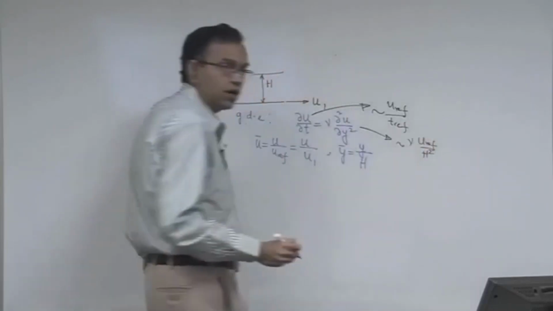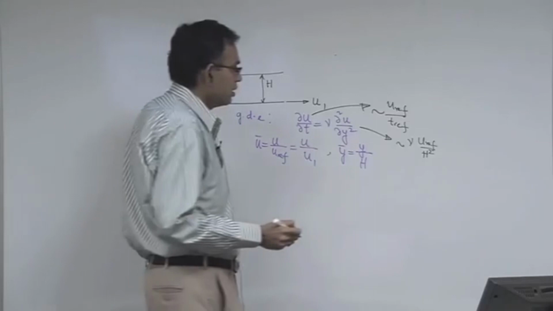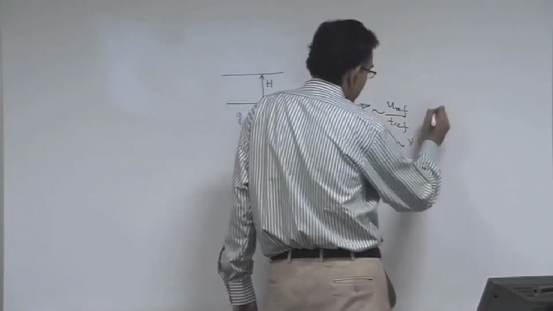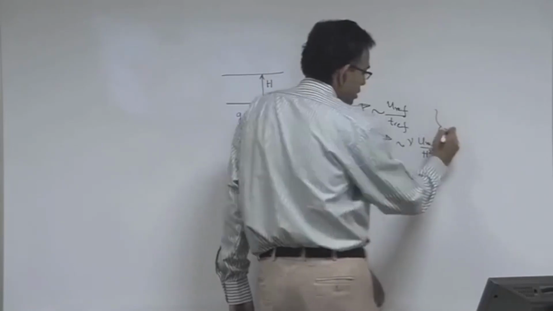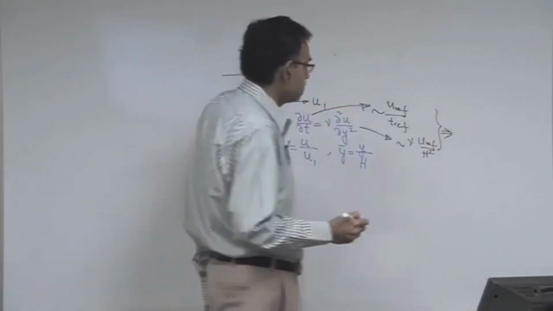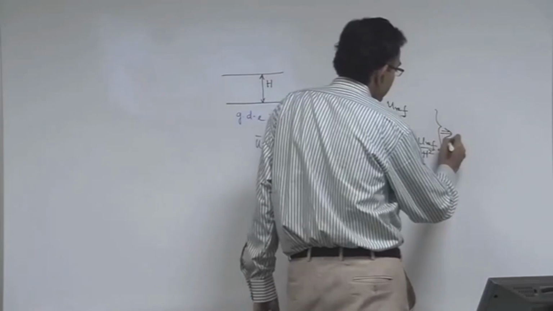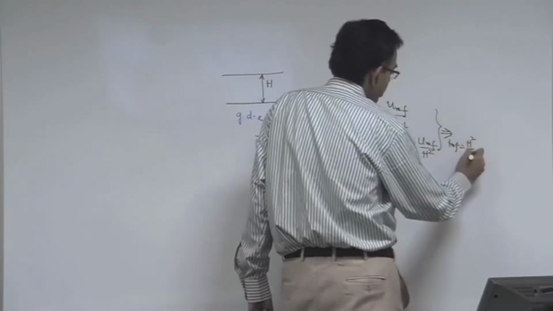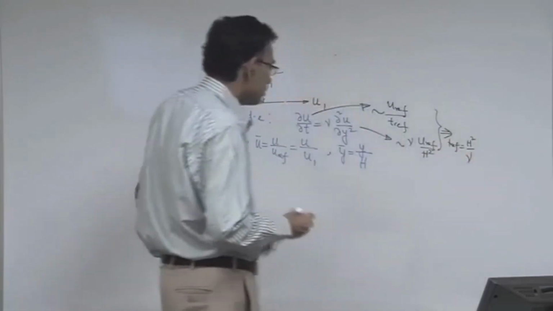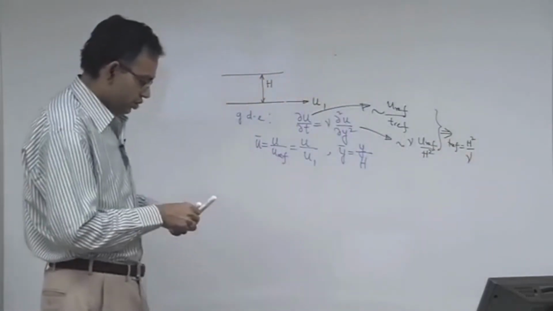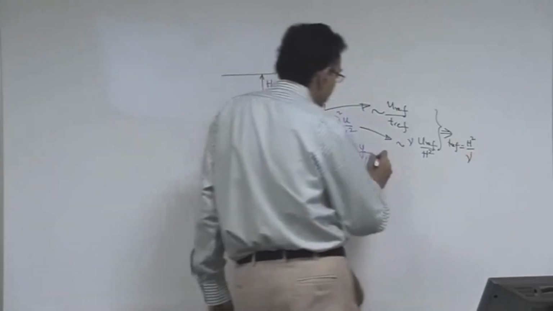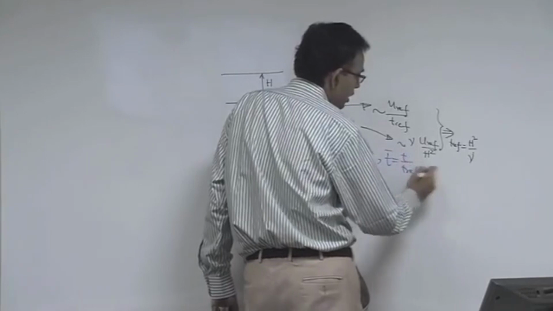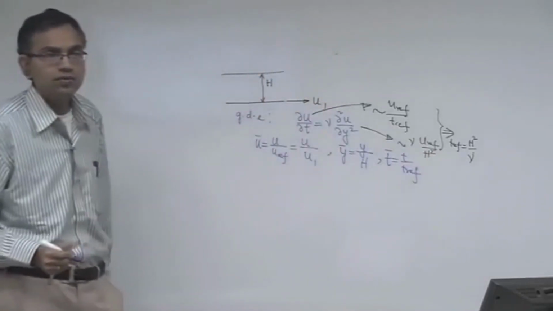Since these two terms are of the same order, t reference is equal to h square by nu. So, you can define t bar equal to t by t reference, where t reference is h square by nu.